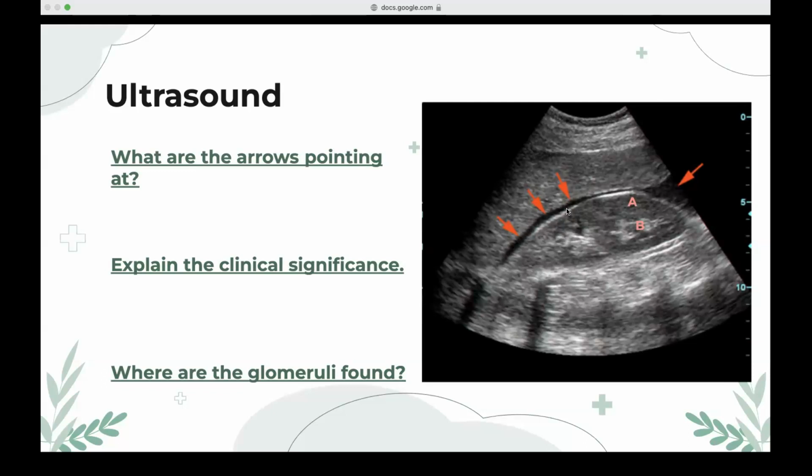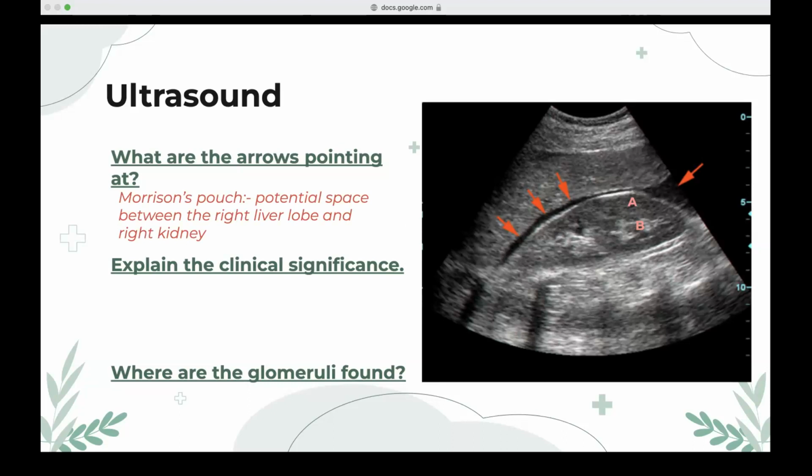This space is called what? Hepatorenal pouch. Yes. Do you know another name for it? Morrison's pouch. Exactly. Morrison's pouch is the potential space between the kidney and the liver. Can anyone explain the clinical significance of this?